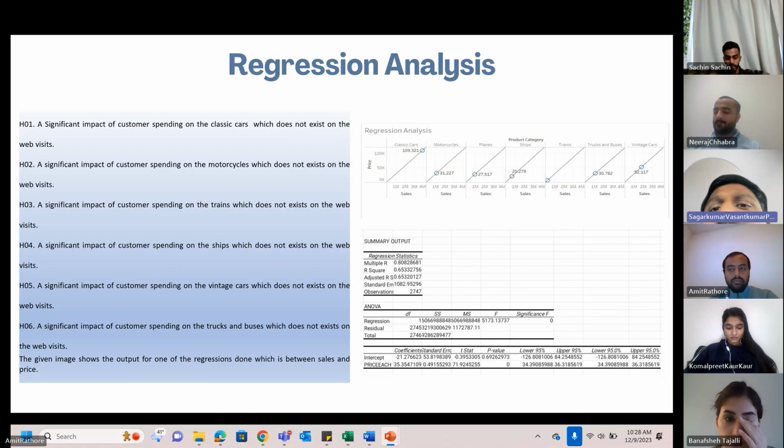By regression analysis, we can easily predict the price from the sales. By doing this, we can describe what the price of the sales of the product will be, and also the growth of the product. Now I would like to hand over the next part to my teammate.